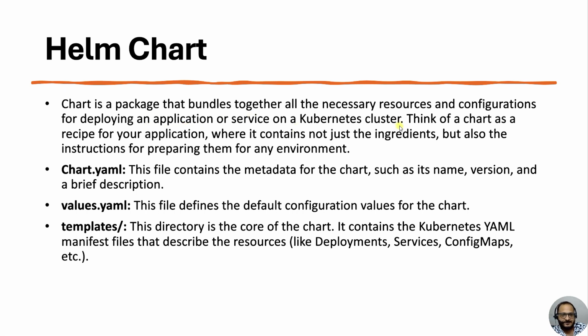Basically, a Helm chart is a package which contains all your manifest files which you are going to deploy on Kubernetes clusters. So you create a Helm chart, and you can simply run a command called helm install with the chart name, and it will deploy all of your resources on Kubernetes clusters.